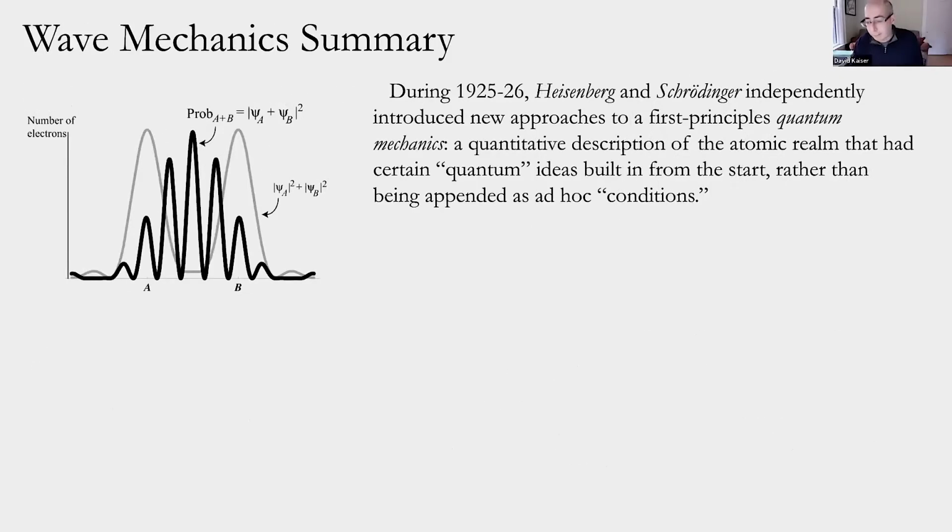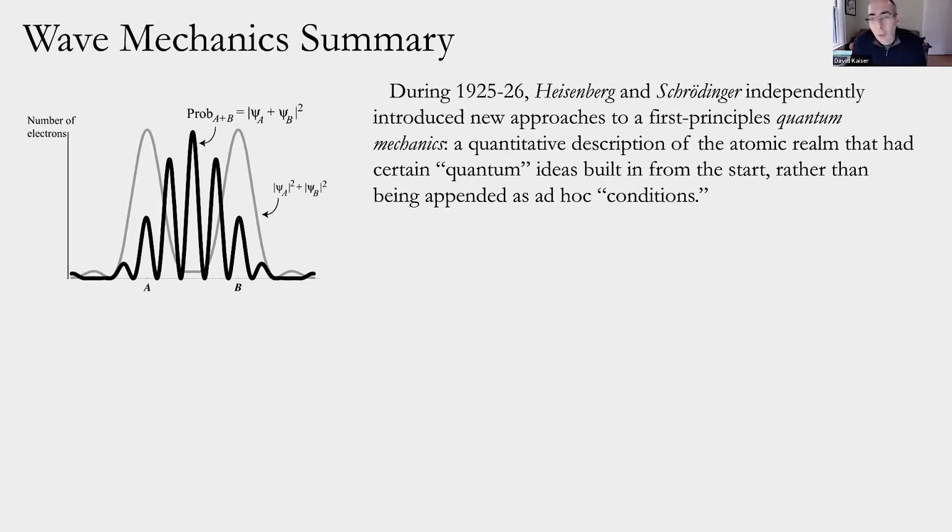So let me summarize, and we'll have a few moments for some discussion and questions. So in a really quite limited span of time, in less than a whole calendar year, between spring of 1925 and spring of 1926, both Werner Heisenberg and separately Erwin Schrödinger introduced whole new approaches to what they were seeking, a first principles theory of the quantum realm, a quantum mechanics, rather than this grab bag of ad hoc quantum conditions.